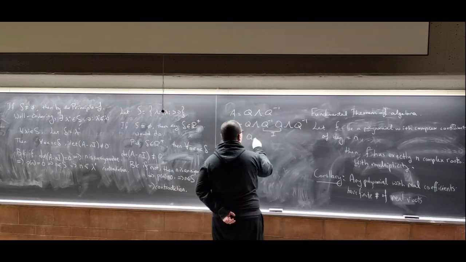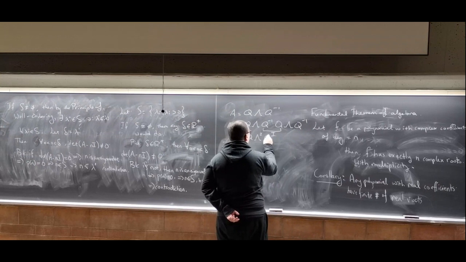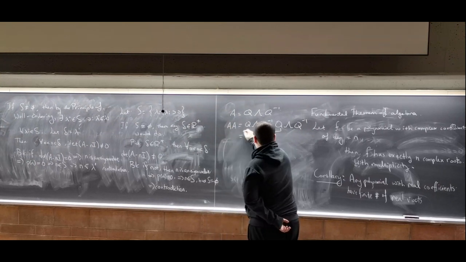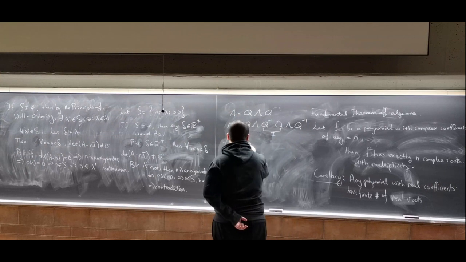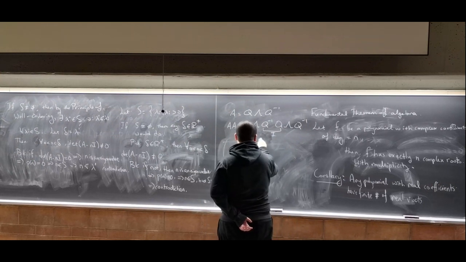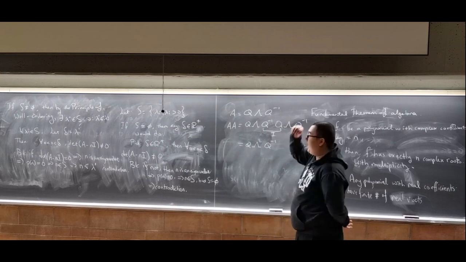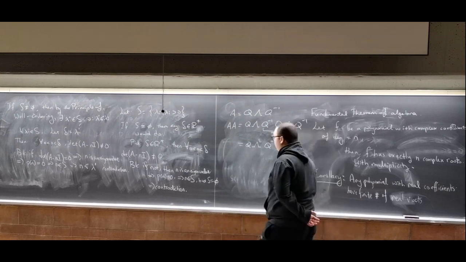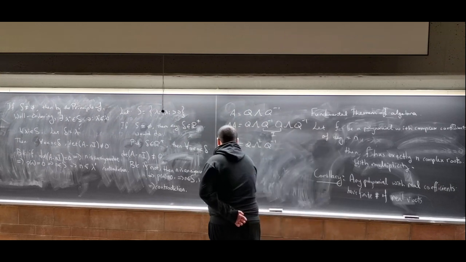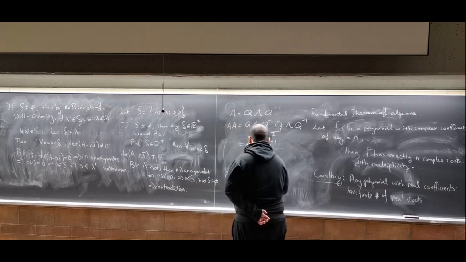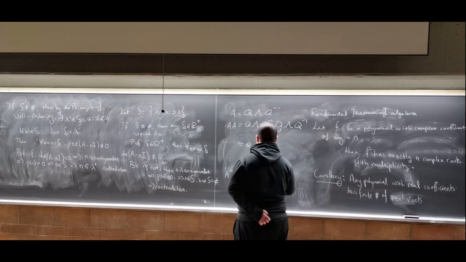This is just Q lambda squared Q inverse. And you can just stack it up. So A to the power of n will simply be Q times lambda to the power of n times Q inverse.